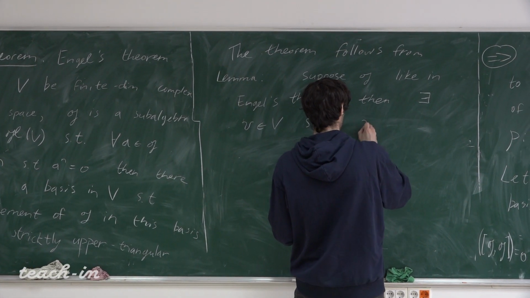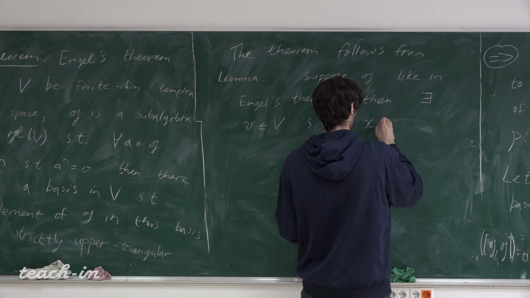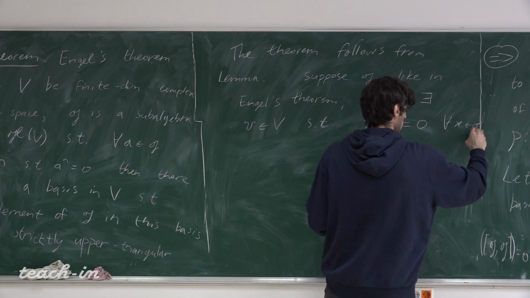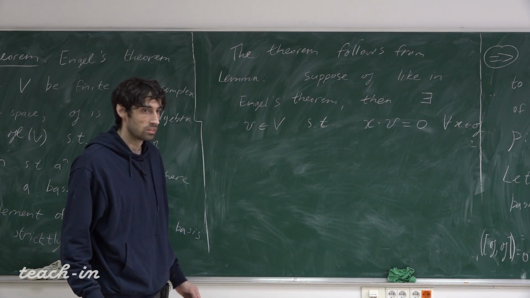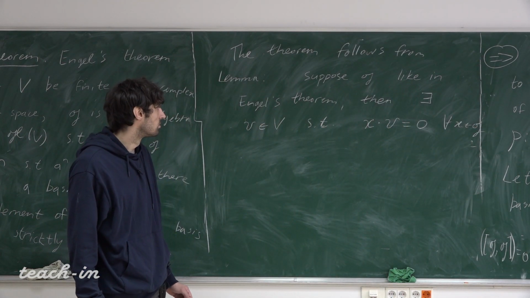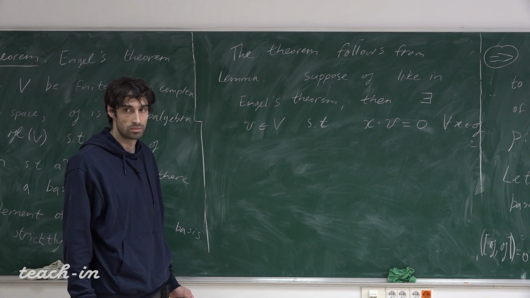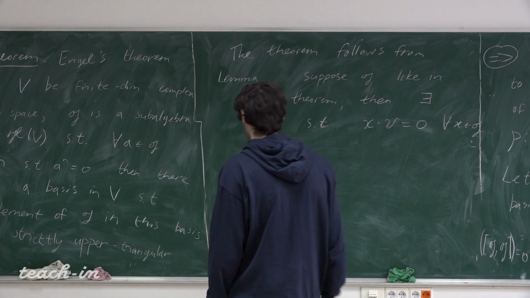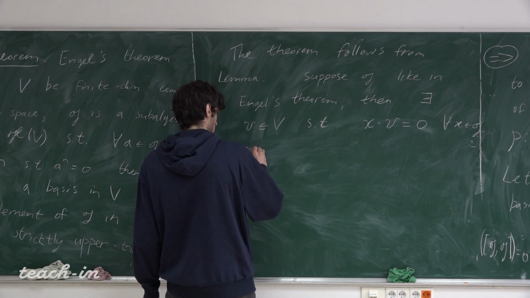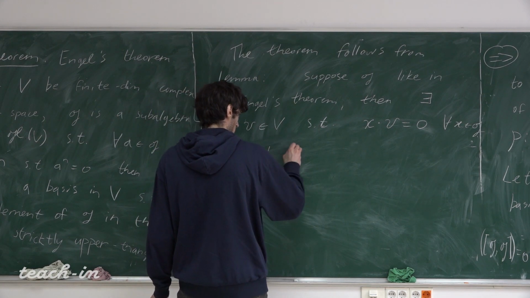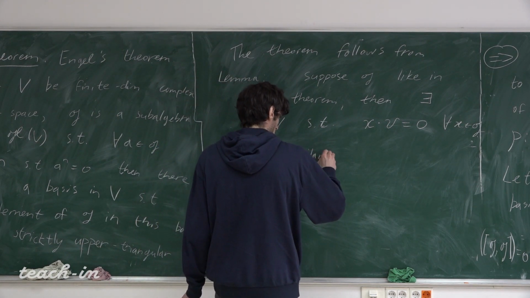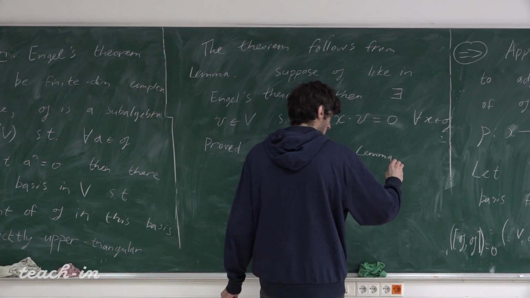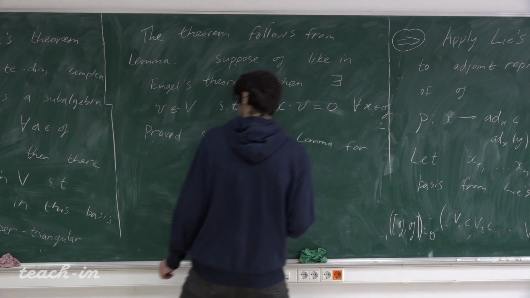So X acting on v is 0 for every X in G. This is proved similarly to the lemma for Lie's theorem.